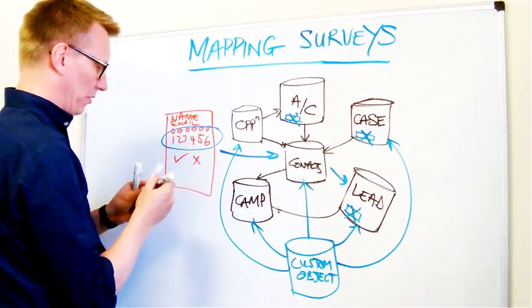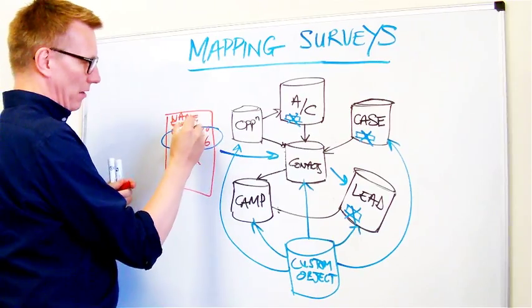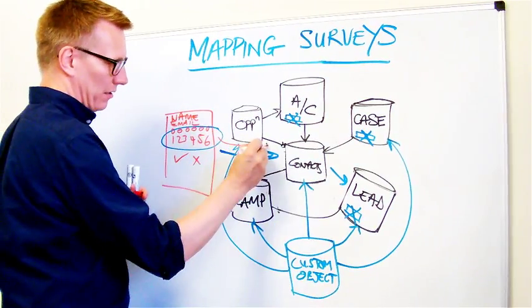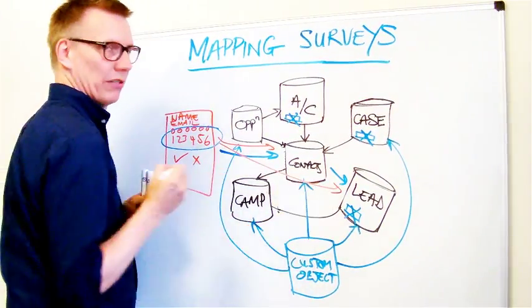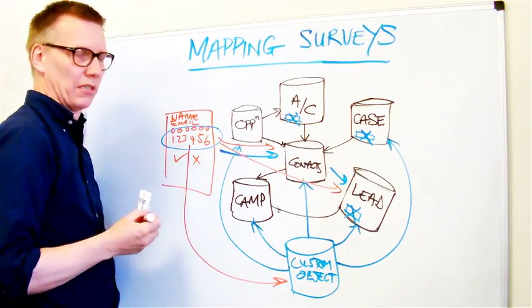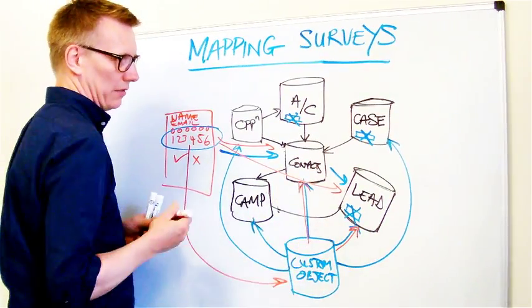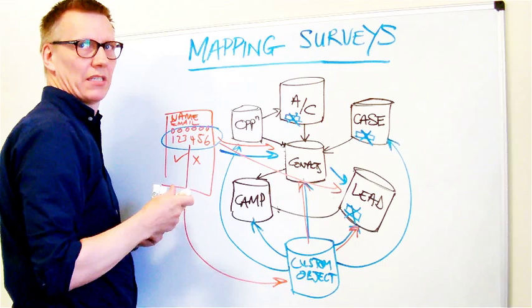So in this example, going back to my red, we will use the name and email to map back to our contact and our lead, but then we'll put the survey information into our custom object and then link it back to our contact and lead. And that's how we map surveys in CRM.